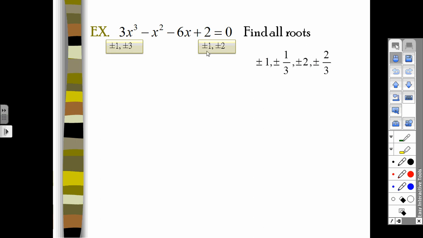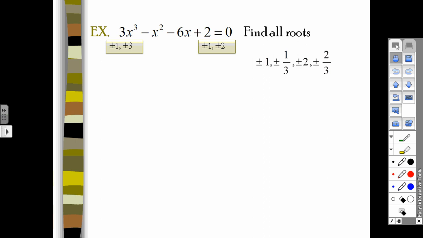That's going to give me plus or minus 1, because this is divided by 1, plus or minus 1/3, which is 1 divided by 3, plus or minus 2, which is 2 divided by 1, and then plus or minus 2/3, which is 2 divided by 3. So any of these 8 numbers here are possible rational roots.